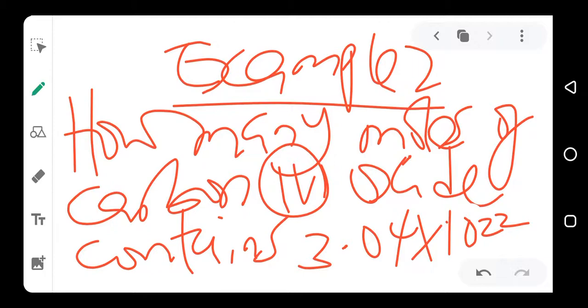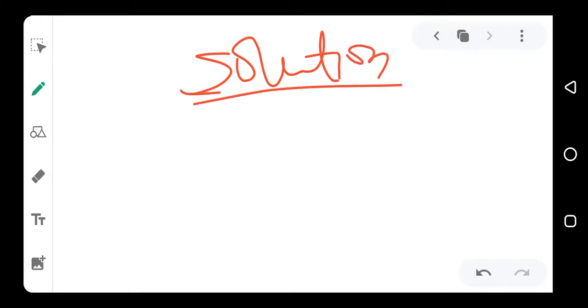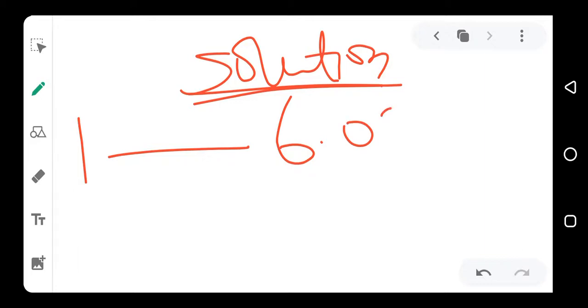Here again we are given the number of particles and we are asked to look for the mole. So the solution again is for us to remember that 1 mole always contains 6.02 times 10 raised to power 23, no matter what the substance is.